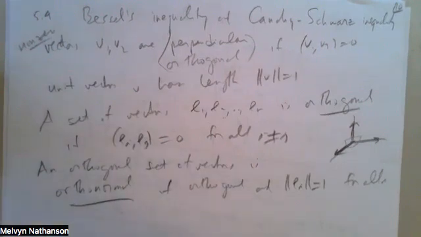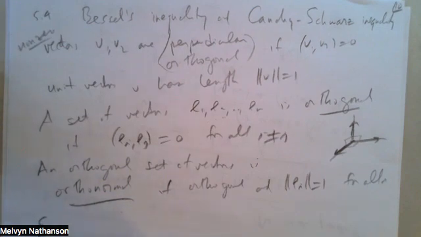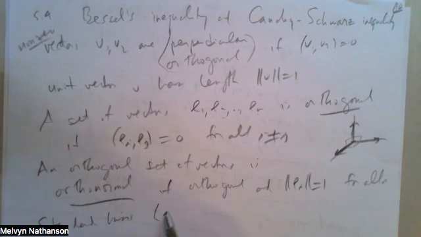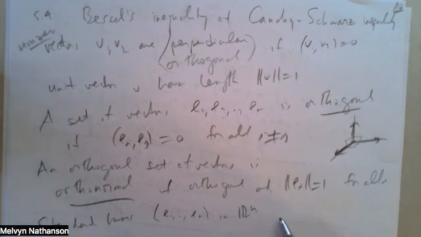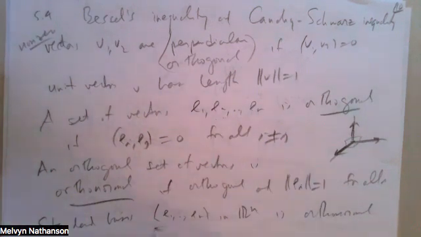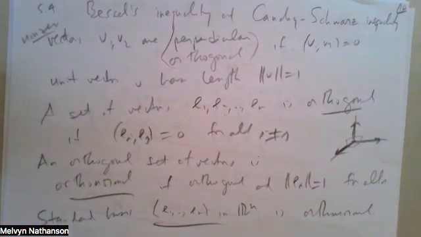So an orthonormal set of vectors is a set of vectors that are pairwise orthogonal or perpendicular, and every vector has length 1. And the standard basis, E1 up to En in Rn, is orthonormal, right? That's the basis where each vector consists of all zeros except for a single coordinate equal to 1.